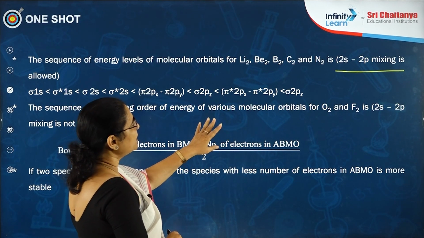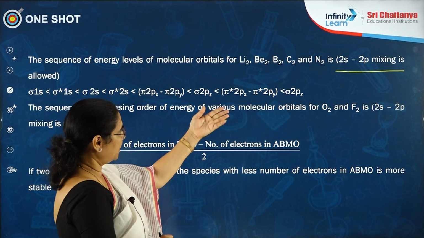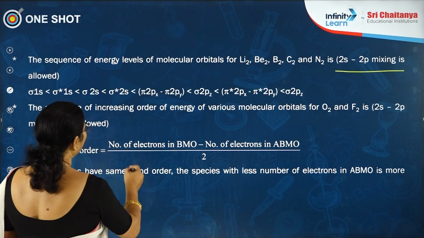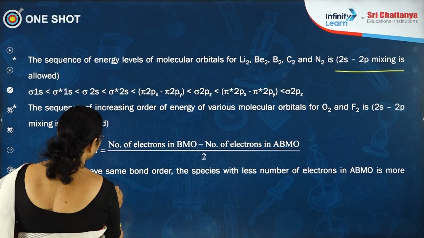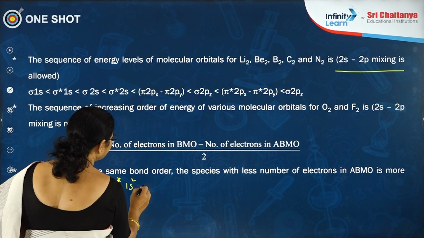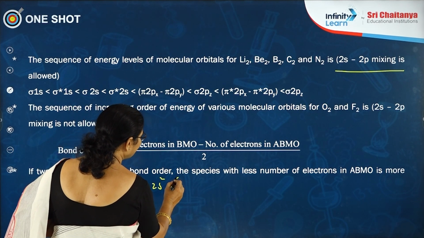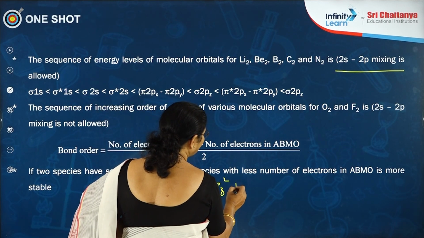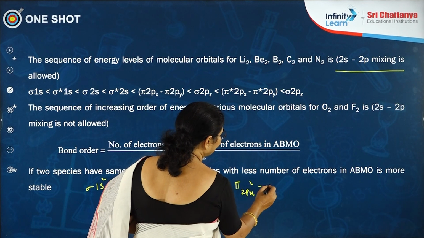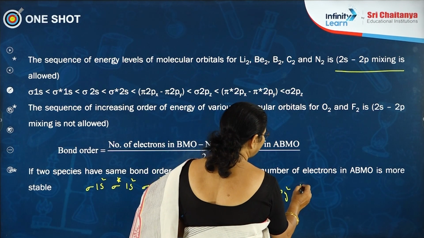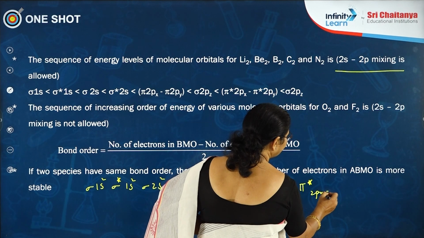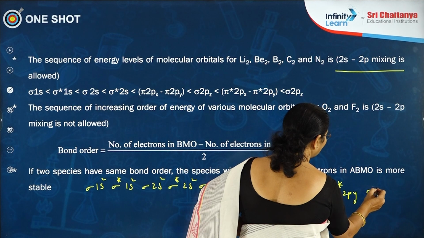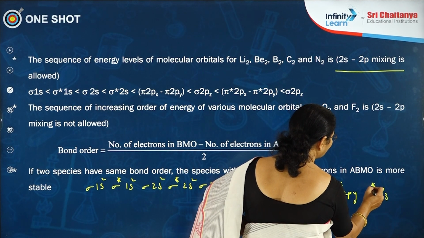If 2s 2p mixing is not possible in the given examples, then we follow the above 14 rule. The above 14 rule is: sigma 1s2, sigma star 1s2, sigma 2s2, sigma star 2s2, sigma 2pz2, pi 2px2 equal to pi 2py2, pi star 2px equal to pi star 2py, then sigma star 2pz2.